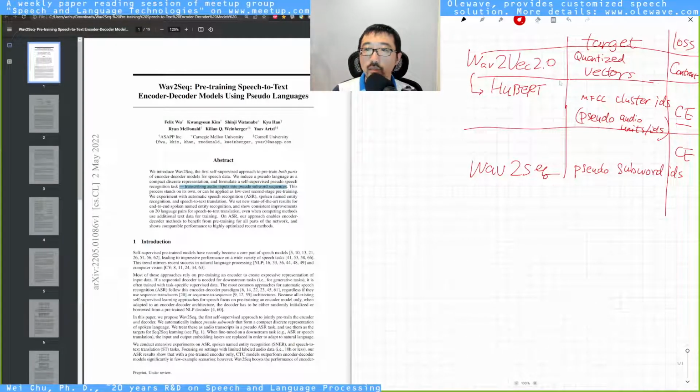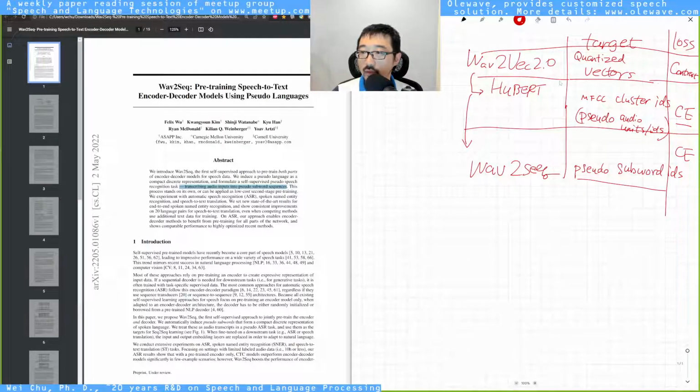And in this paper, the authors moved one step forward and they proposed Wav2Seq. Instead of using pseudo audio units as in HuBERT, they propose something called pseudo subword IDs, and they still use a CE loss.